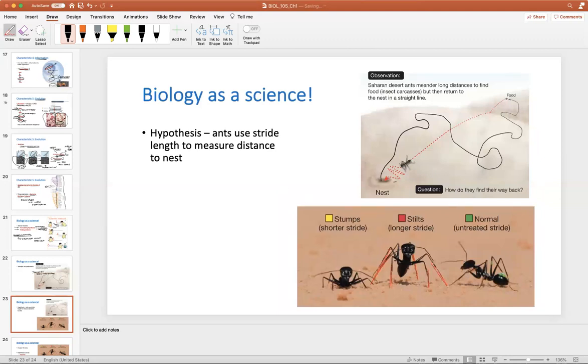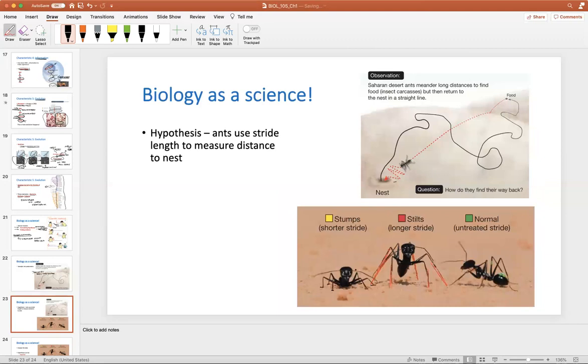So what they did was they took these ants, and in order to test whether stride length was how they were finding their way home, like they counted the number of strides that they took and then came home that way. What they did was they changed the stride length of the ants by changing the length of the ants' legs. Some of these ants, they cut off their legs to make little stumpy short legs, right?